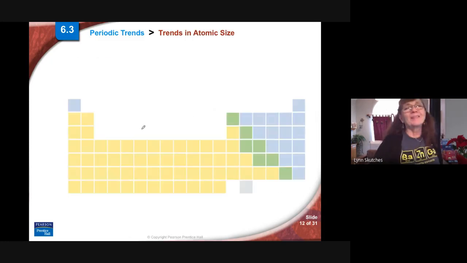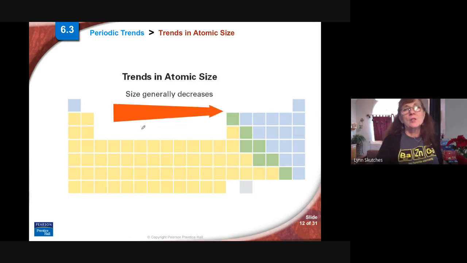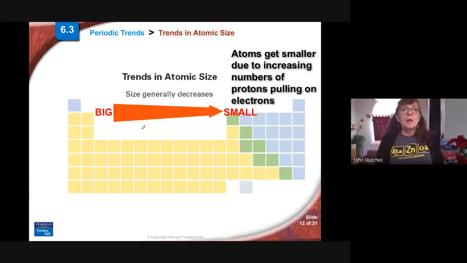Why is always the question. So, or maybe not for you, but for scientists, biggest on the left, smallest on the right. If you're adding more protons and electrons, how come it doesn't get bigger? It gets more massive, but the volume actually gets smaller, and that's because all of the protons get stuffed into the little tiny nucleus.